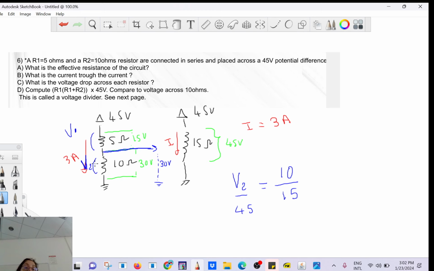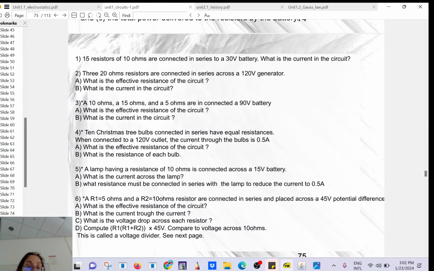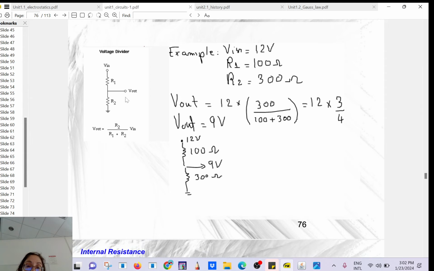So the voltage drop here is to your power supply what that resistance here is to the sum of the two resistances. That's called a voltage divider. You have the equation here. You don't have to worry about that. Let's skip that.